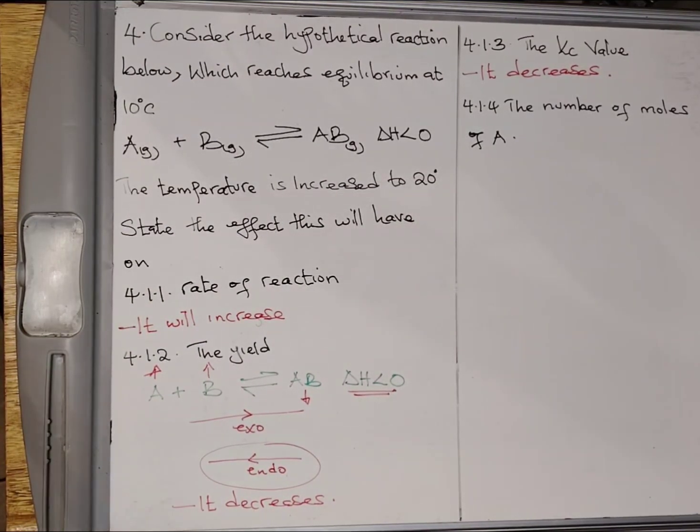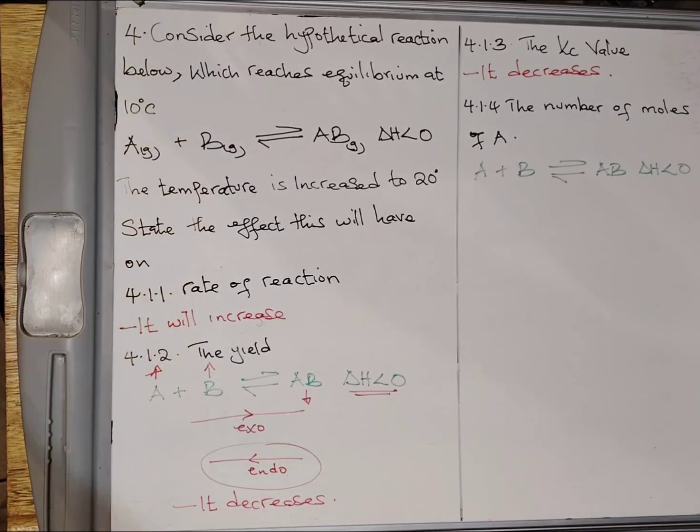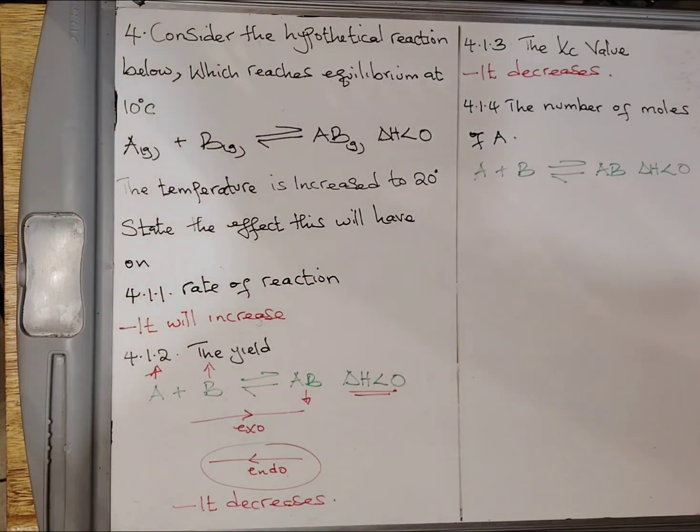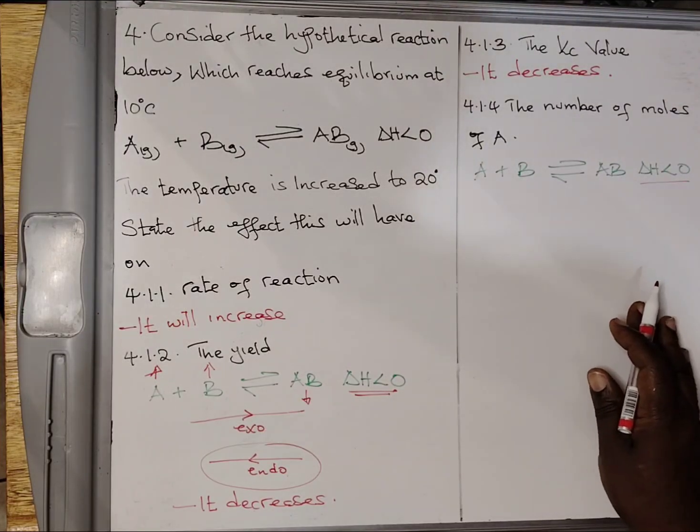Then comes this question. It says the number of moles of A. How does increase in temperature of this equilibrium affect the number of moles of A? To answer that question, we need to have the equilibrium. Let us have it. This is the equilibrium, and what we have here is for the forward.